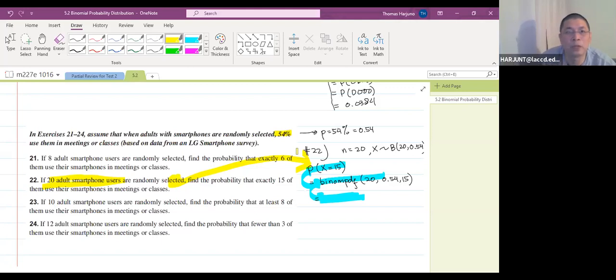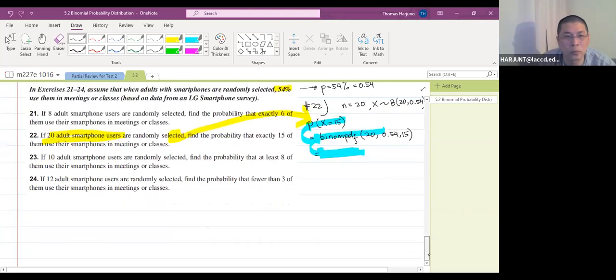Okay, now how about number 24? If 12 adult smartphone users are randomly selected, in number 24 our N is 12. Therefore, my X is now binomially distributed, N is 12, probability of each success is 0.54.